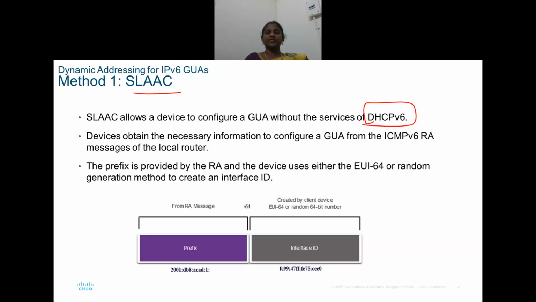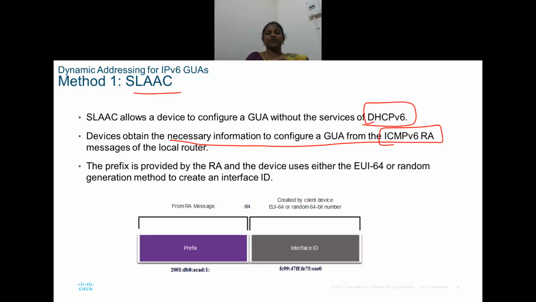It enables the device to create that address. It obtains the necessary information through the router advertisement message, which is where the ICMP version 6 protocol comes into the picture.